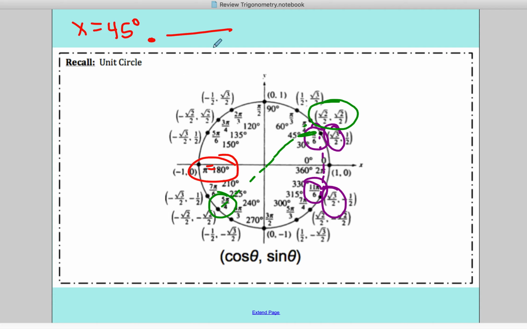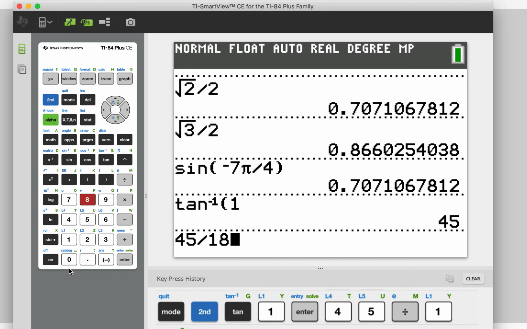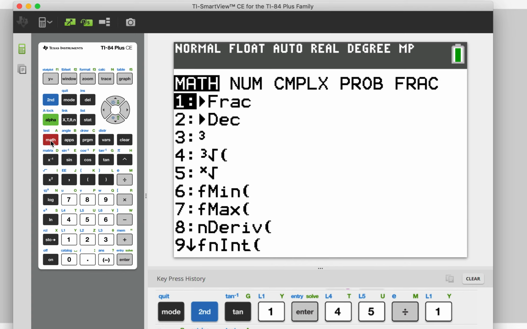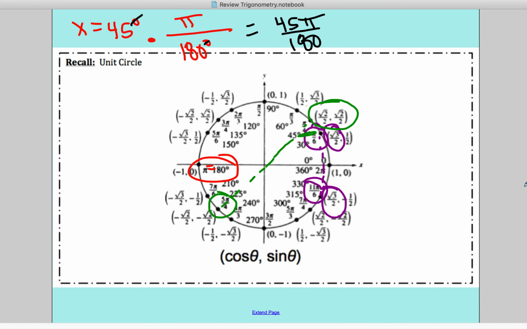In order for our degrees to cancel, you have to have 180 on the bottom and pi on top. Those cancel, so you have 45 pi over 180. Then you do 45 divided by 180. You can reduce it on your own math fraction, and it will reduce to 1/4, which gives us our pi over 4.